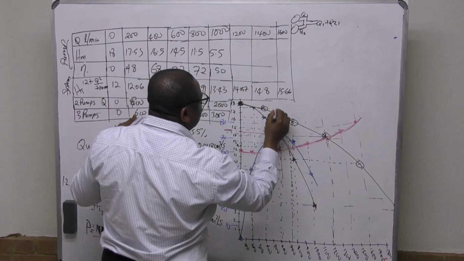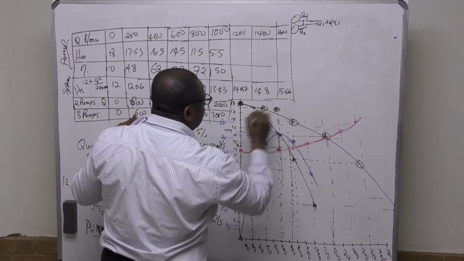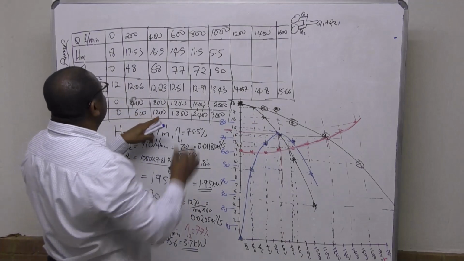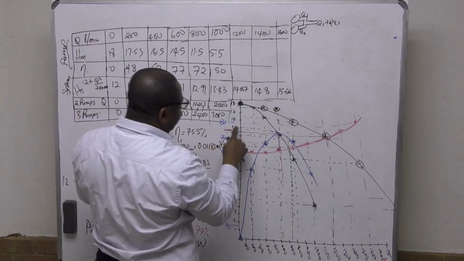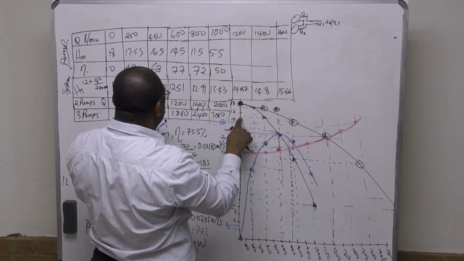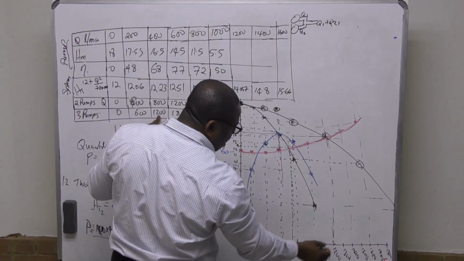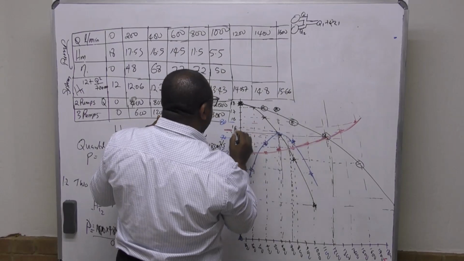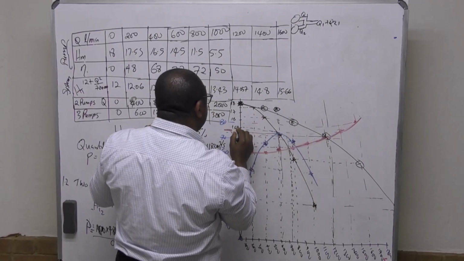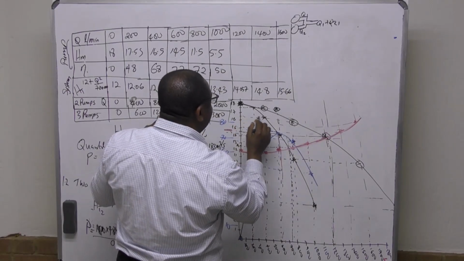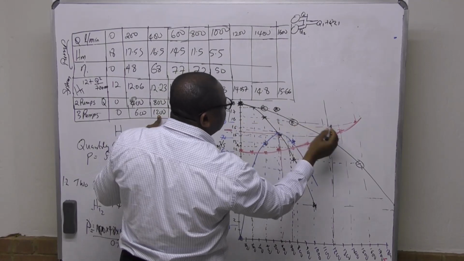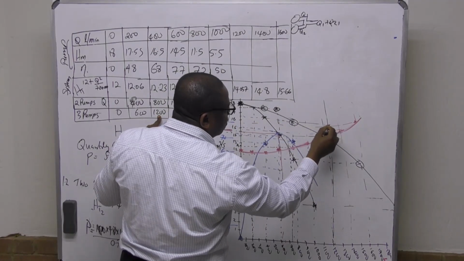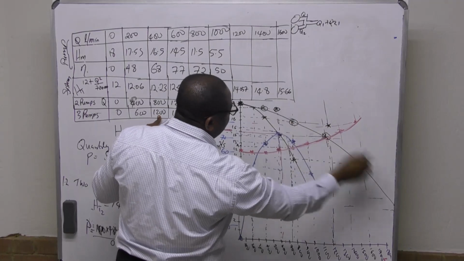And then at 16.5, this shoots up to 1,200. It's 1,200 for 16.5. So you see where it's going?